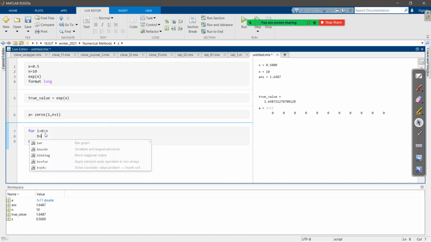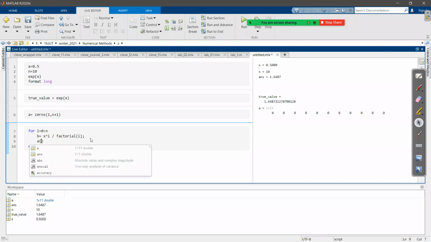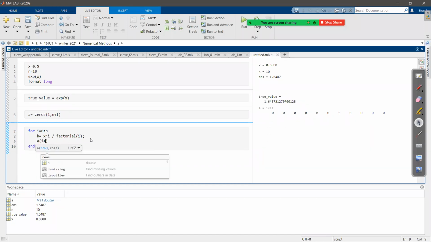Say b equals x to the power i divided by factorial of i. Factorial is a built-in function. This is the current value, and I add it to my a of i plus 1.